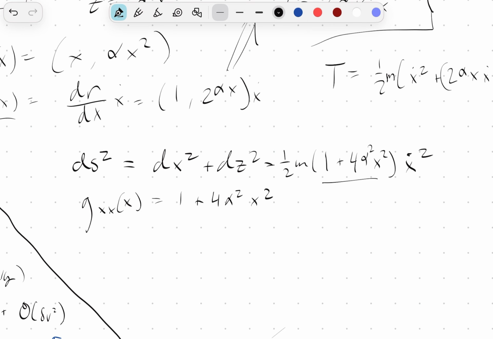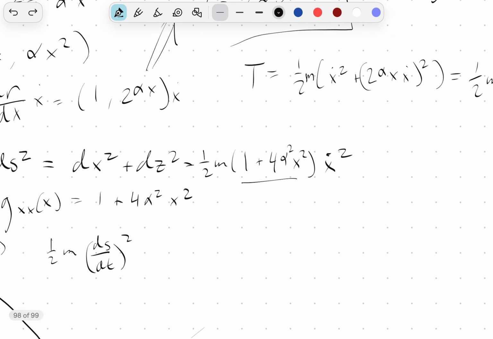And the reason why we do this is because it ensures that the kinetic energy is still of the form 1/2 m (ds/dt) squared, right? It's 1/2 velocity squared, but the arc length element now carries the geometry of the parabola itself.